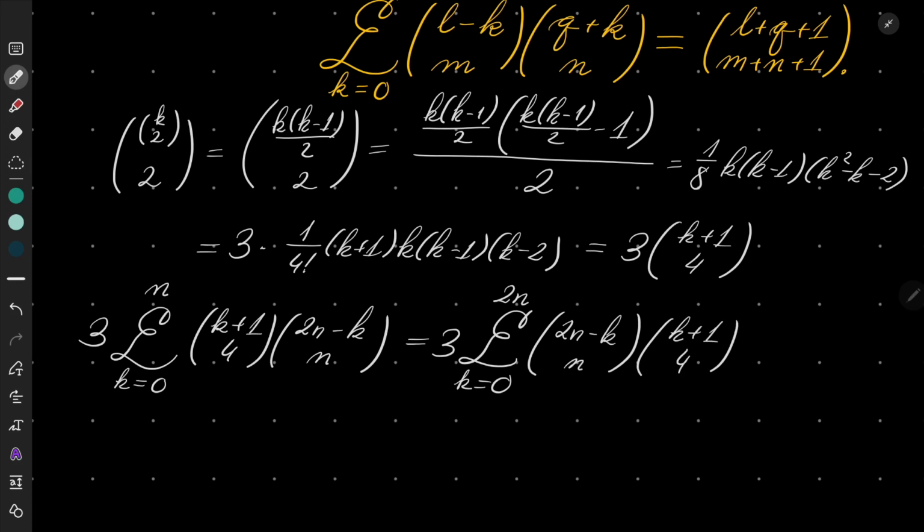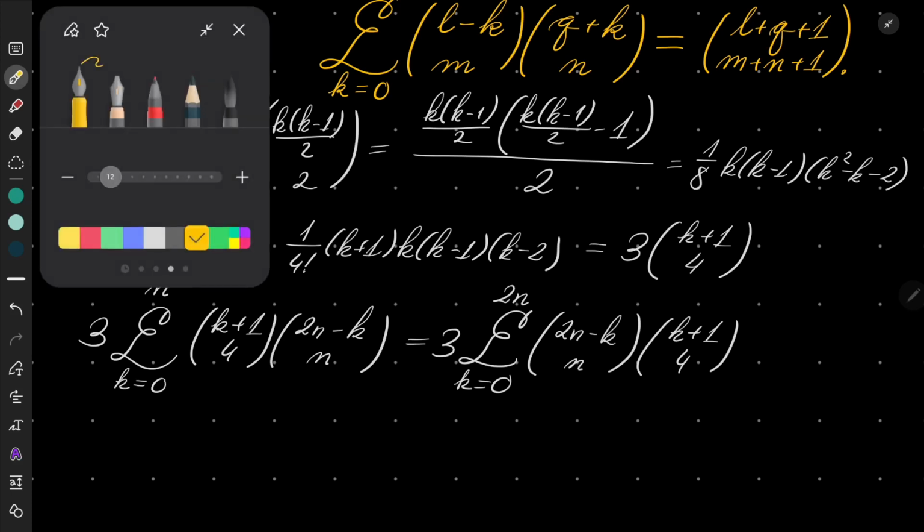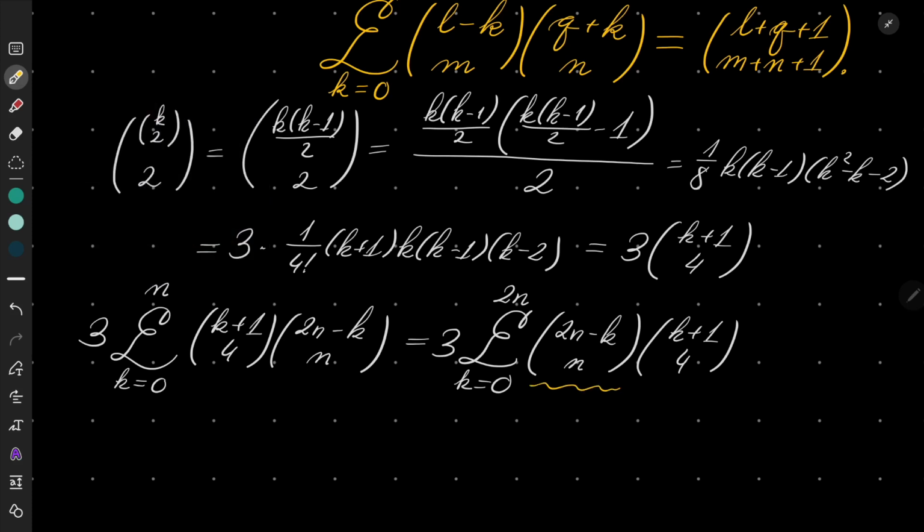Okay, I have introduced a bunch of new summands, a bunch of new indices, but notice that from k equals n plus 1 up to 2n, this first symbol is 0 because the upper part of this symbol is less than the lower part. So I just introduced a bunch of zero terms. So it was legal.